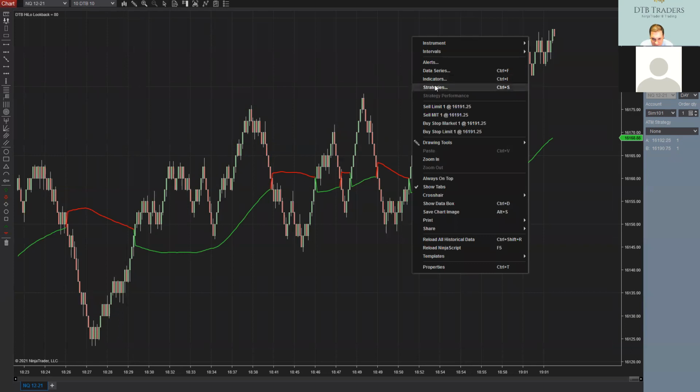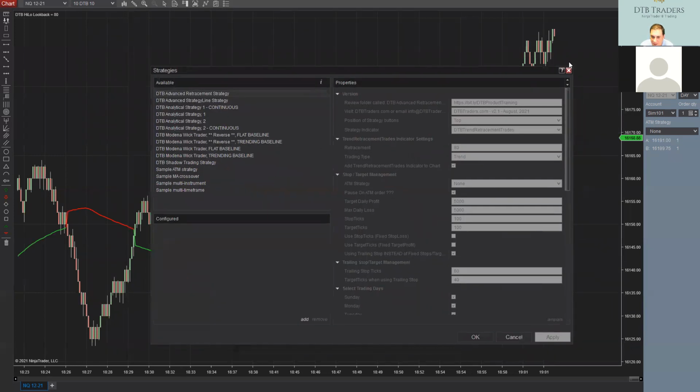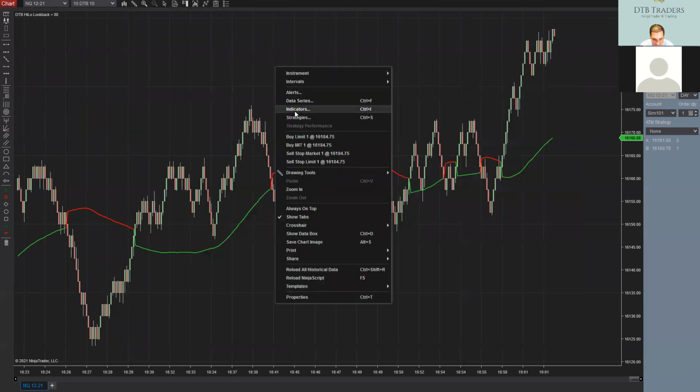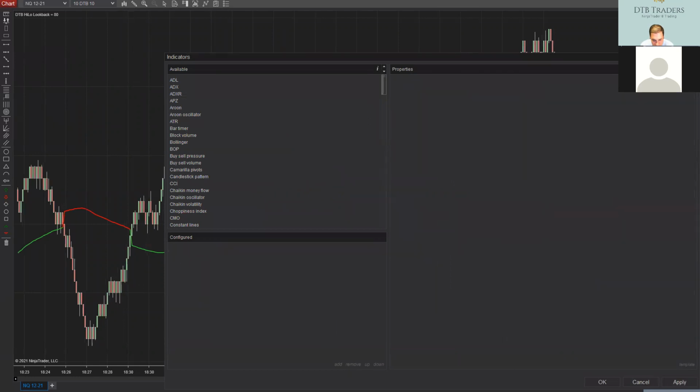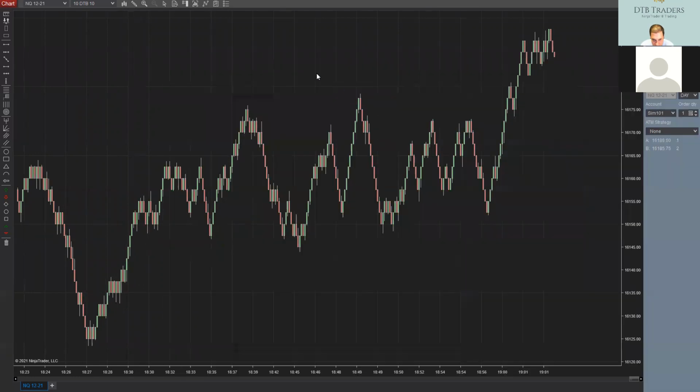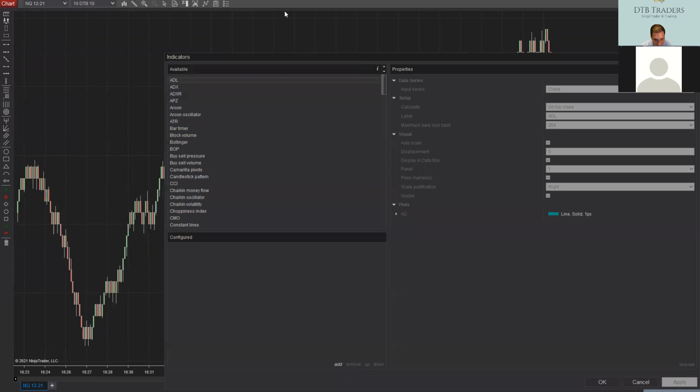Okay, let's leave the high-low for right now. There's an automated strategy linked to this indicator, which I haven't put in here, but we'll go through that at another stage. I don't want to overwhelm people too much. So let's go back to the indicator list.